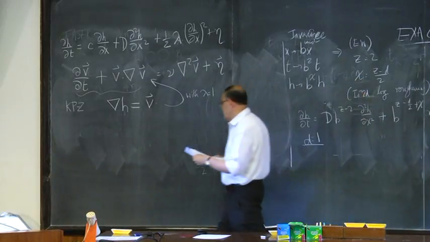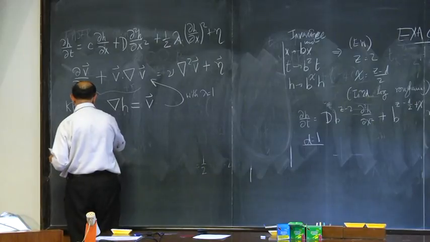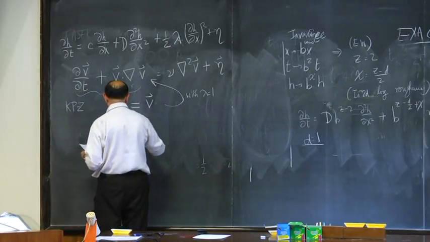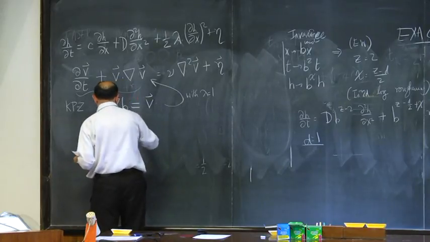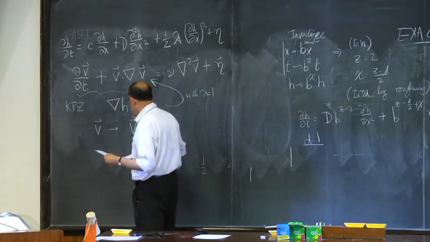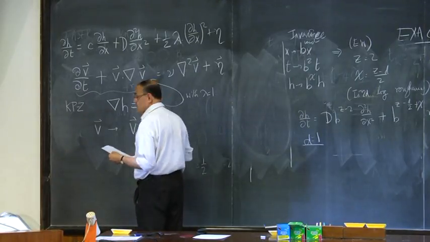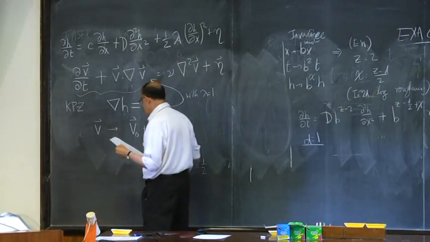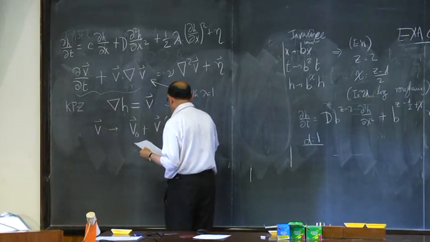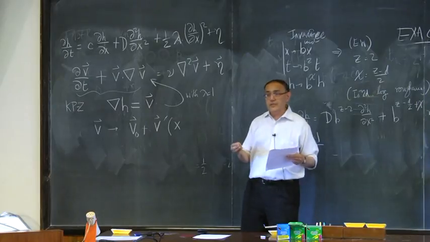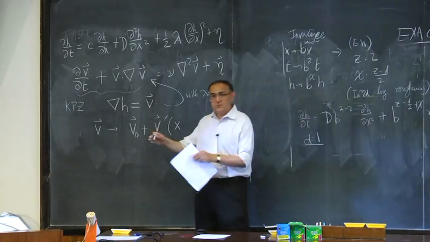So let us see what we are demanding. We are demanding that if we take the velocity and we apply a Galilean shift by an amount V naught, and we have resultingly a velocity which we'll call V prime in that frame. The important thing is that this V prime is a function of a new coordinate in that shifted frame.